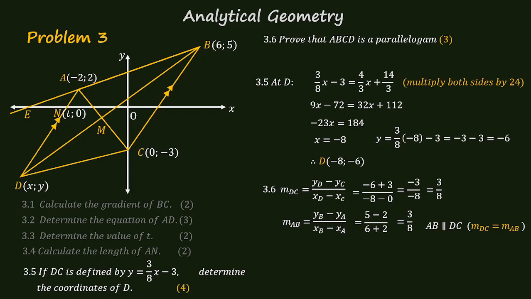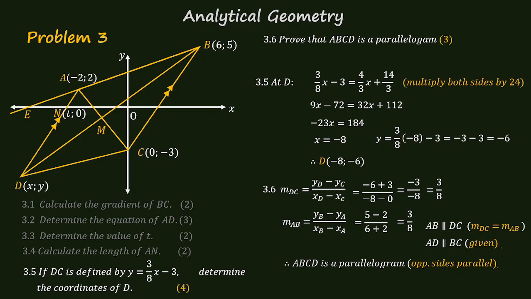Remember that parallel lines have the same gradient. So if you show that two lines have the same gradient, you can claim that the two lines are parallel. Then we can conclude that quadrilateral ABCD is a parallelogram because its opposite sides are parallel to each other.